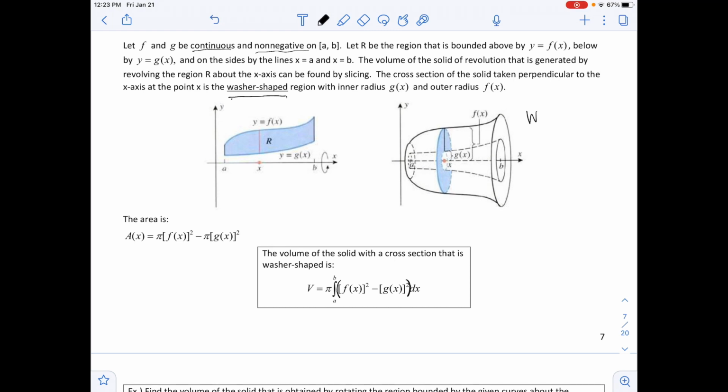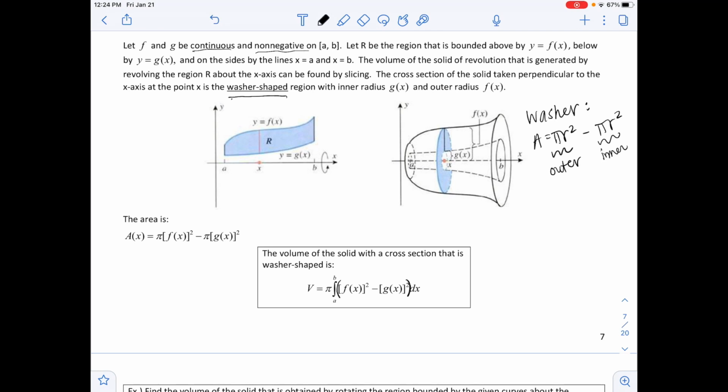So for a washer, which is similar to a disk, however it has that inner circle missing, our area is going to be pi r squared minus pi r squared, meaning pi r squared for the outer circle that we have and pi r squared for the inner.